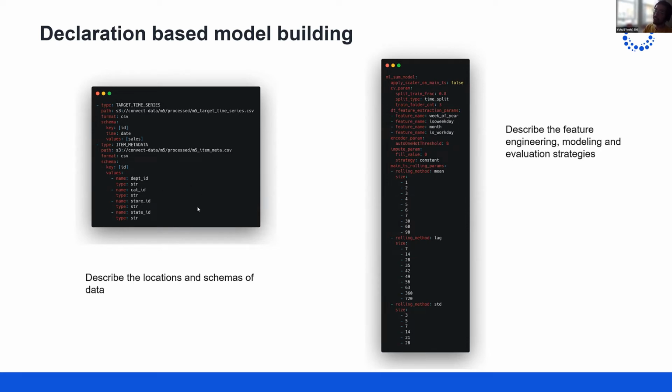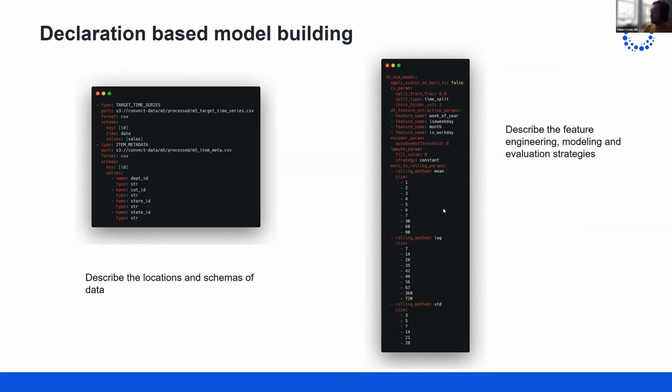They tell the framework where the data is located and what the data looks like. For example, there can be columns with the ID of a product, time-based columns, sales, and some unstructured, structured or real-valued data associated with that. We let people tell us what their data looks like. This is the first thing we need to declare.